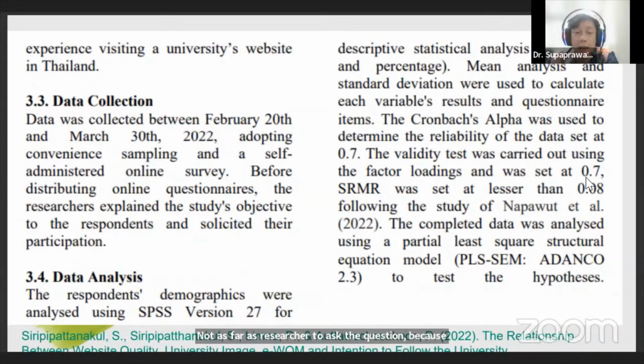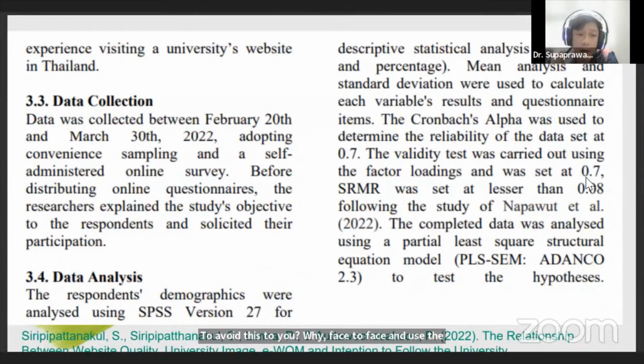And the online survey is very useful during the COVID-19 pandemic to avoid face-to-face contact and use distancing. In this case, use the online questionnaire.